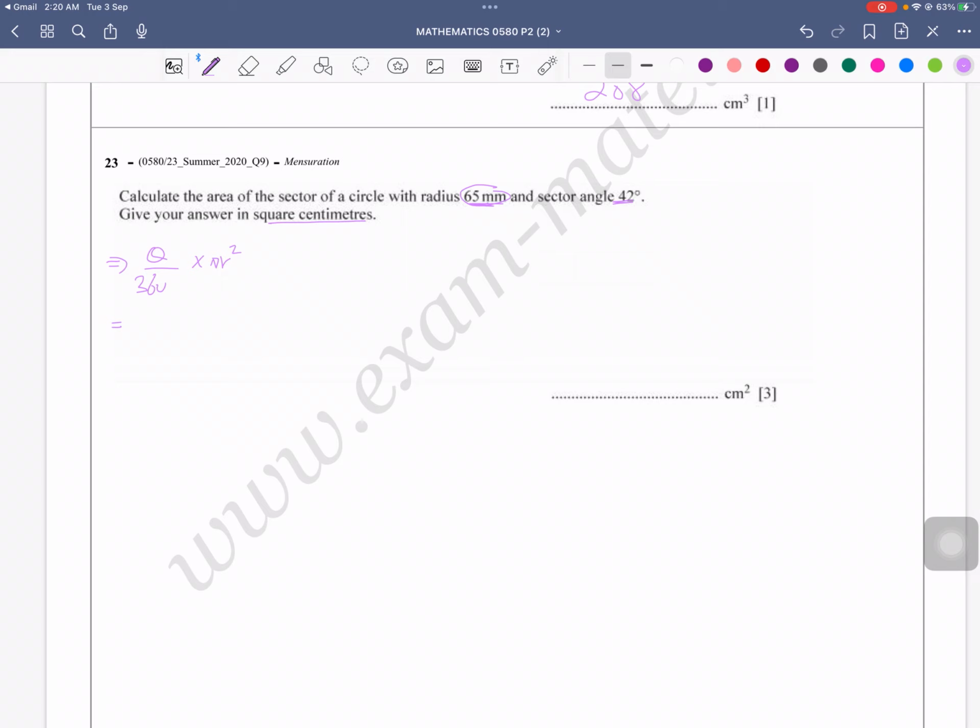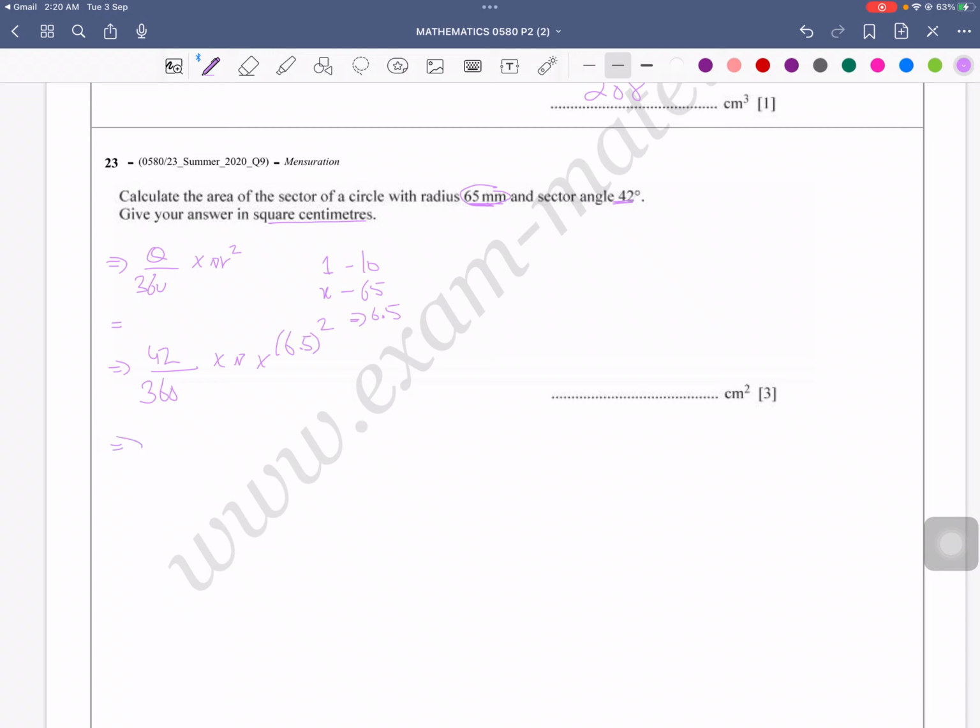The conversion is that 1 centimeter is 10 millimeters, right? We don't know the centimeters, we know the millimeters that we have. So this would be equal to 6.5 centimeter. That's my radius. So 42 over 360 into pi into r squared, that is 6.5 whole squared.